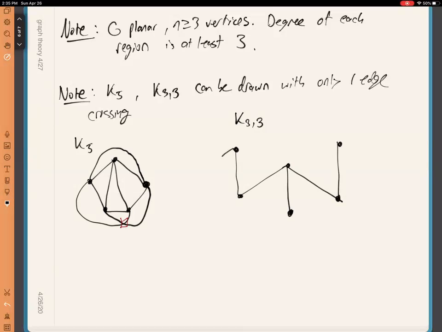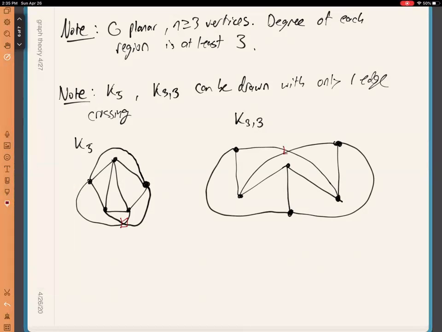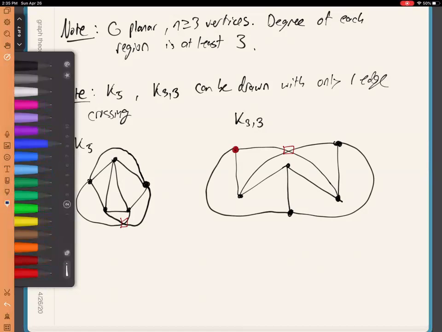Now I'm going to have 2 arcs. One arc will do this, and then another arc will come up to here. Then finally, I need to add in 2 more arcs. I need to connect this vertex to here. So far there's been no edge crossing. I just need 1 more arc to complete the picture, and this is where the edge crossing will show up, right here. This is, again, the edge crossing. And you can check that this is bipartite. So let's do this by coloring.